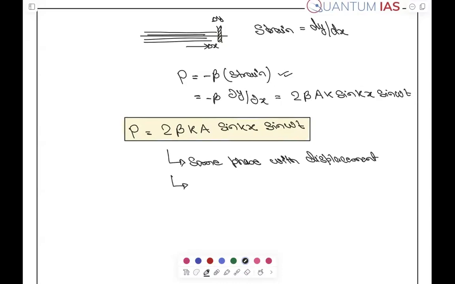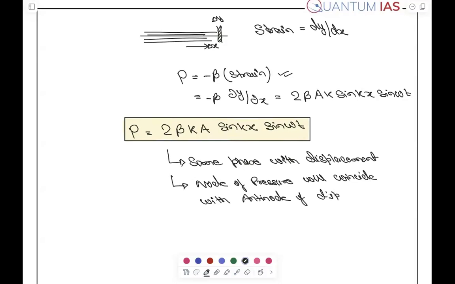Second, node antinode में sin kx है, so node of pressure will coincide with what? Antinode of displacement and velocity.